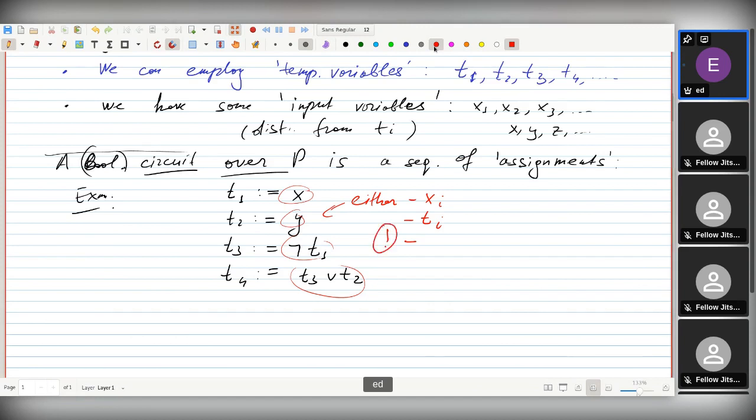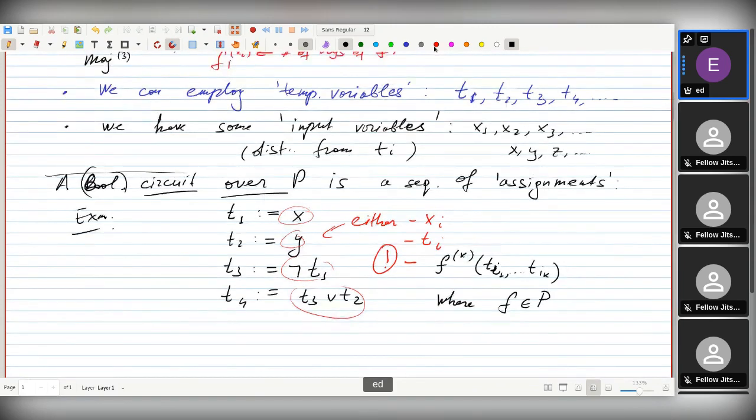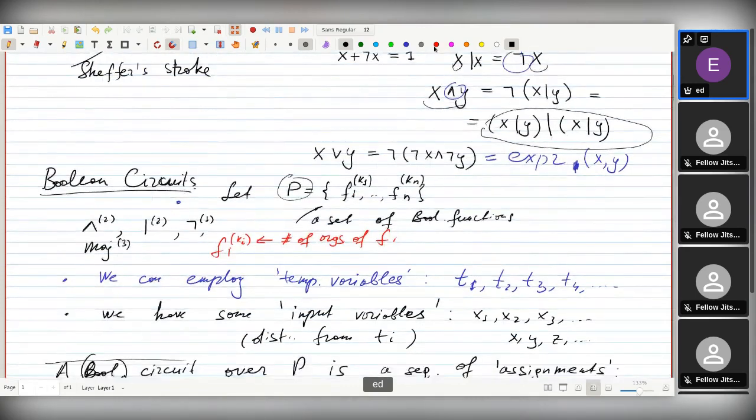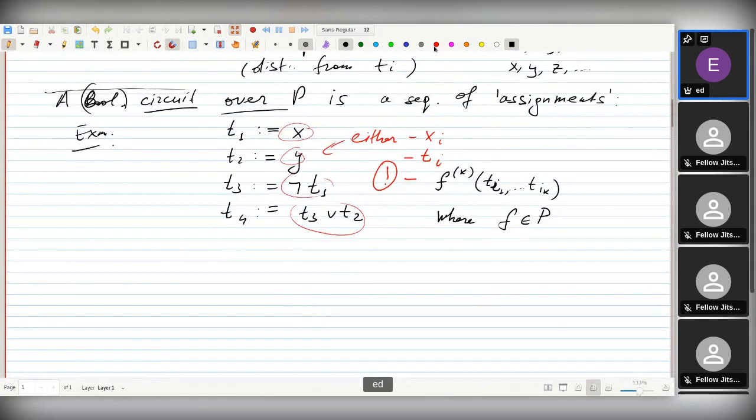And the most interesting case, it is possible to have an application of our function that takes k arguments to some previously defined temporary variables, where f is a function from our base set, and it is important that all these variables are already defined.